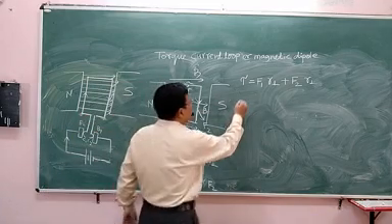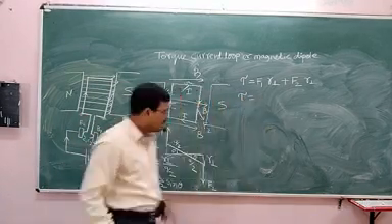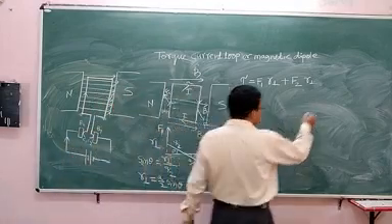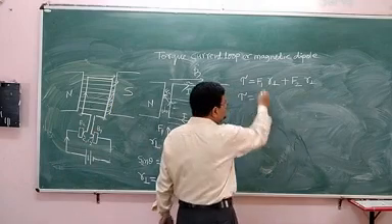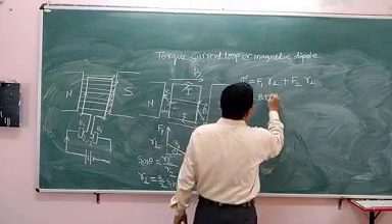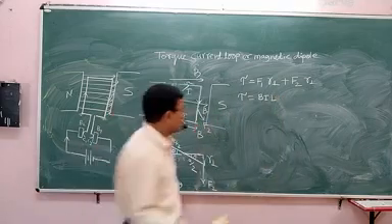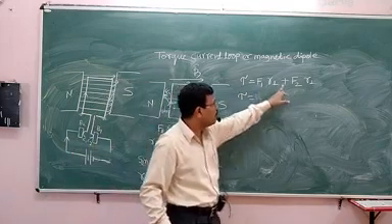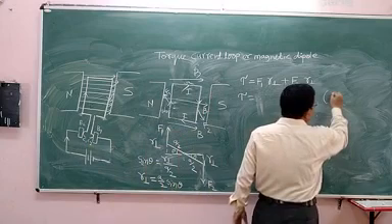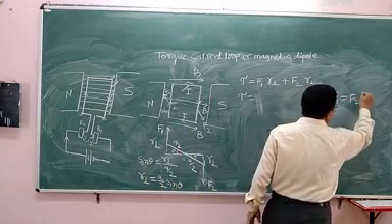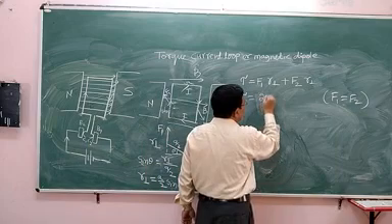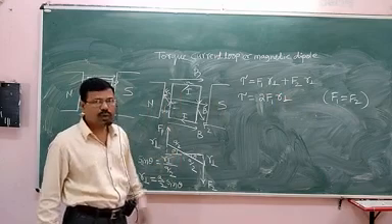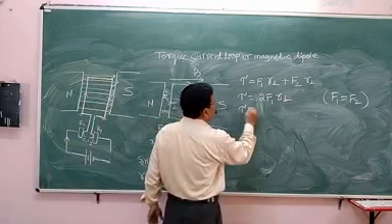So I write here torque is equal to F1 R perpendicular plus F2 R perpendicular. F1 and F2 are equal and opposite, so since F1 is equal to F2, I can write this as 2 F1 R perpendicular.